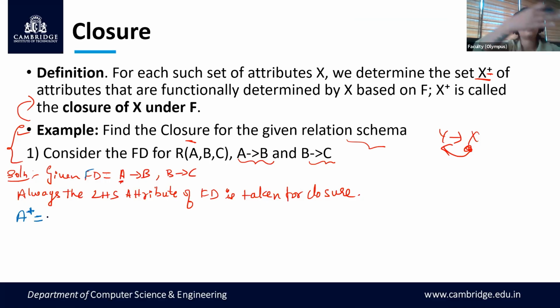With Priya, I have other group members, right? Like that, that's my reflexivity. A closure will always have its own attribute, so I call it the reflexive rule or reflexivity.